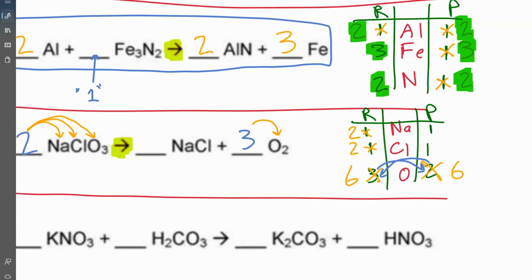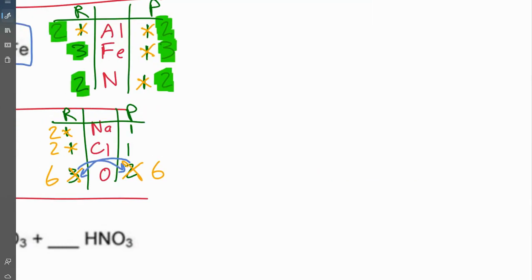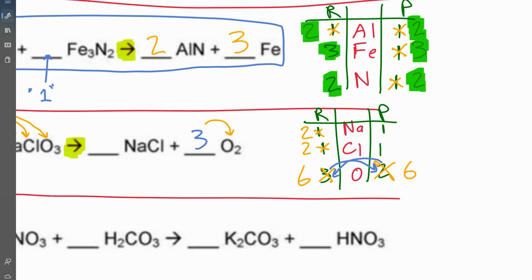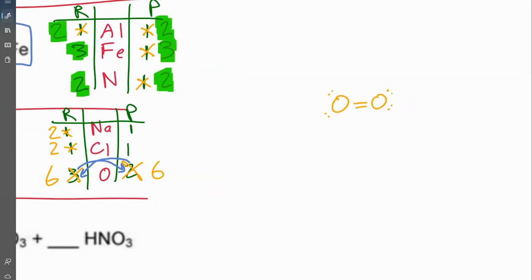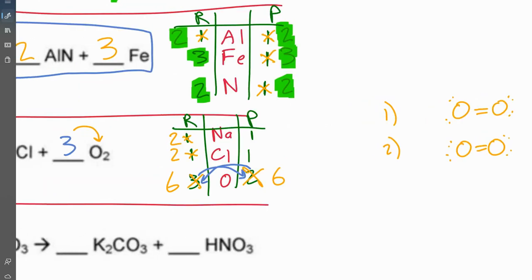Here's why we multiply. Let's say we have this oxygen bonded to another oxygen, and if you were to draw the Lewis structure, you'd get that. If I say 3 O2s, that means I have 3 oxygen molecules. So here's one, here's our second molecule of oxygen, but we have not 2 of them, we have 3 of them.